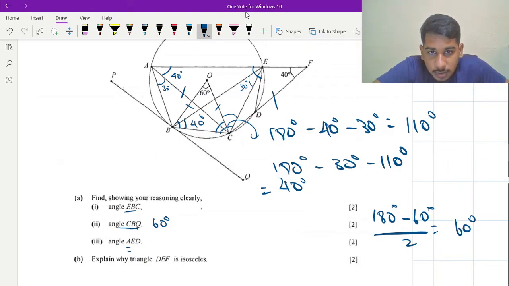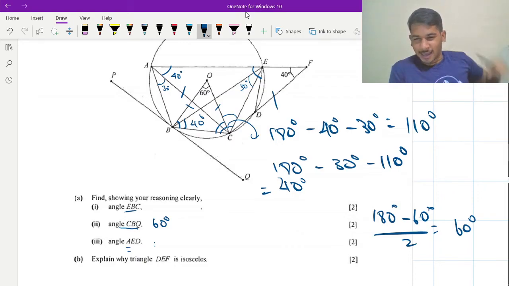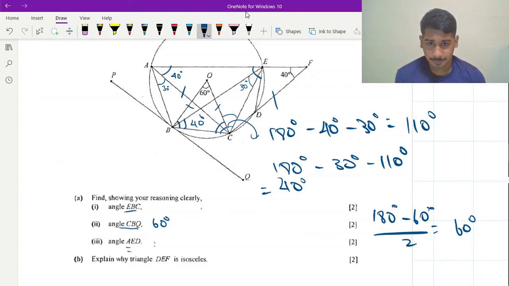It shouldn't be that complicated. This thing is the same as this plus this. So hard to see. By the time I get to part 3, it's so hard to see. Let's try. Okay. AEF, AED.